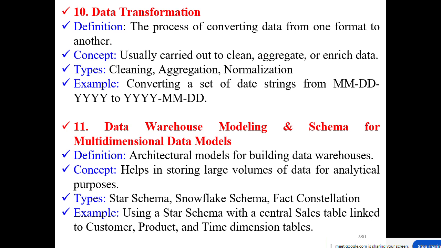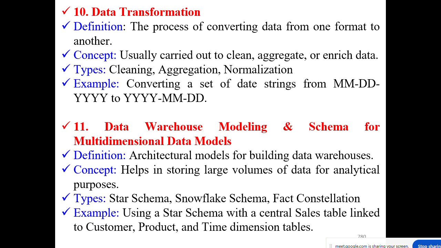For data warehousing, modeling means a model is nothing but a simplified version of reality. Through diagrammatic representation, through multidimensional factors, or any unified modeling language modeling you can do. Then schema for multidimensional data models, like architectural models. What is meant by architecture? Ramchand, how are you defining architecture?